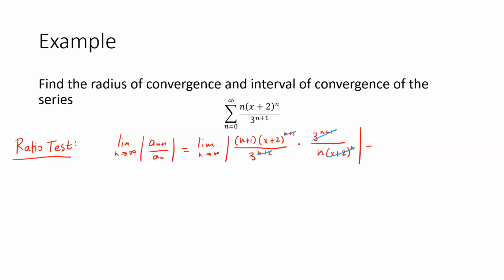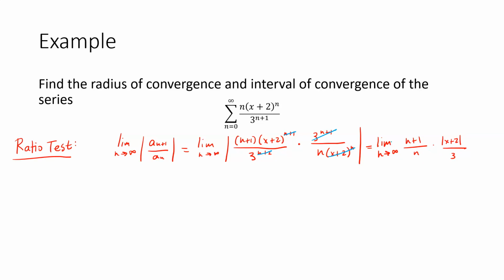Now let's see what remains. So I've got n plus 1 over n, and I have the absolute value of (x plus 2) over 3. Keep in mind that I'm leaving the absolute values around the expression that has the variable x. 3, of course, is a positive constant, so it doesn't require an absolute value.